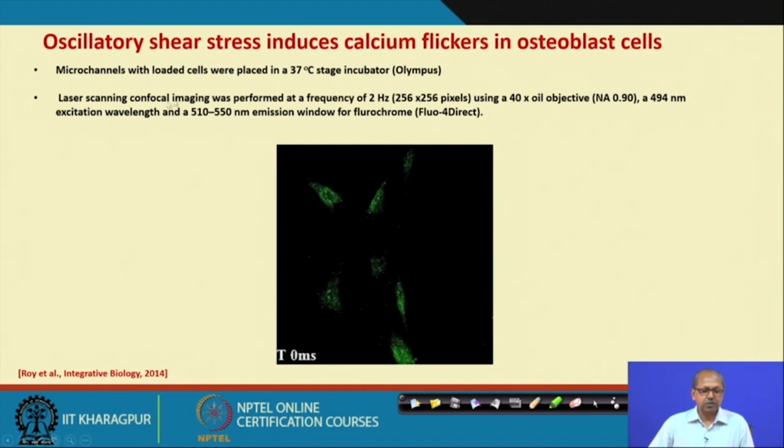Then laser scanning confocal imaging was performed at 2 Hz, 256 into 256 pixels, using a 40x oil objective at numerical aperture 0.90, at 494 nanometer excitation wavelength and 512 to 550 nanometer emission. So, this is the video for capturing the calcium flickers which are generated at oscillatory fluid flow at 0.2 Hz.